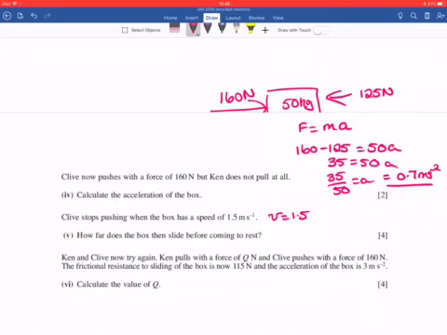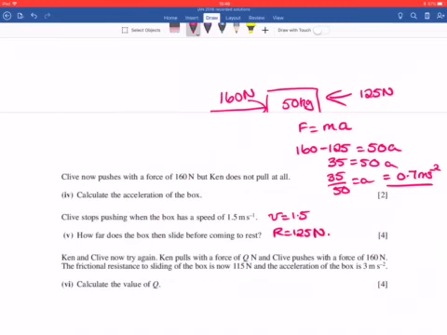So we know the resistance is 125 newtons. Okay, so we've got minus 125 equals mass times acceleration. So the acceleration is going to be minus 2.5 metres per second squared.